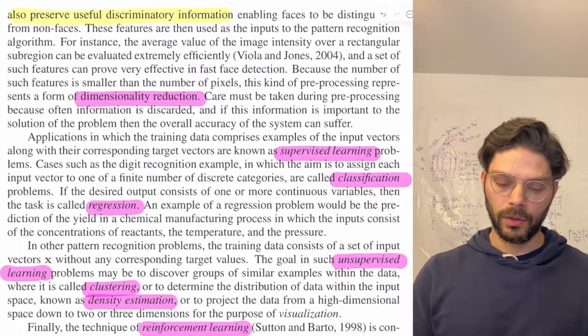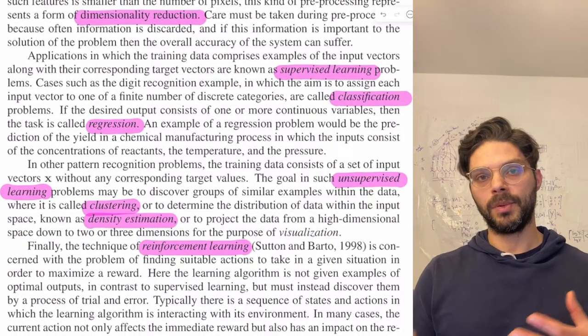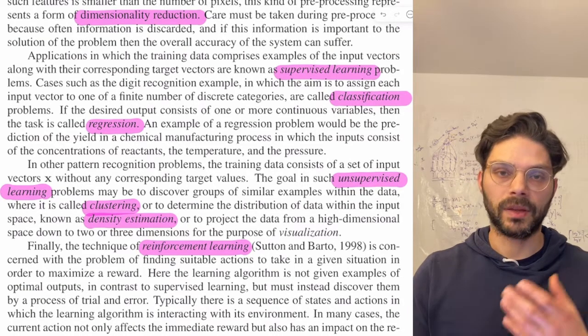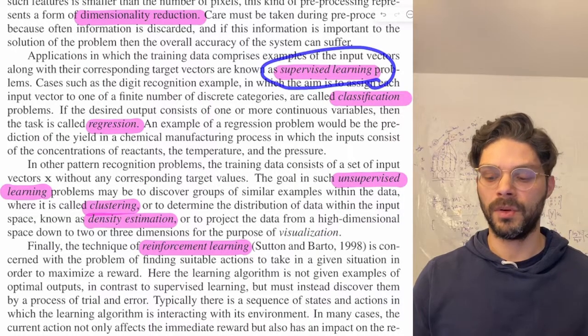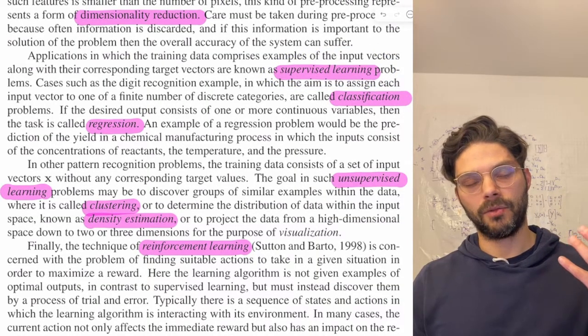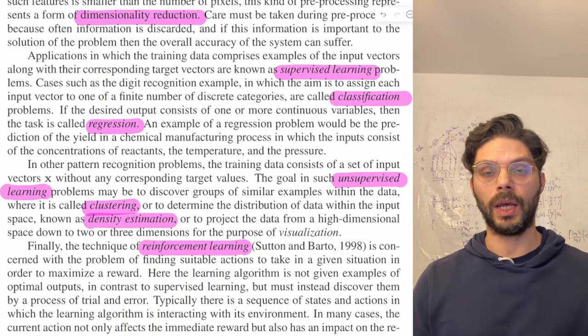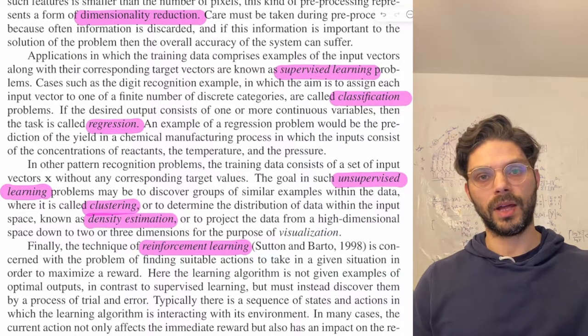Okay, so now we're going to talk about some of the different types of learning problems that we're going to come across. The type we've been talking about so far is supervised learning, and it's called supervised learning because for each one of your training examples, you actually have a label, and the whole game is to figure out the regularities to take you from the training examples to the labels.